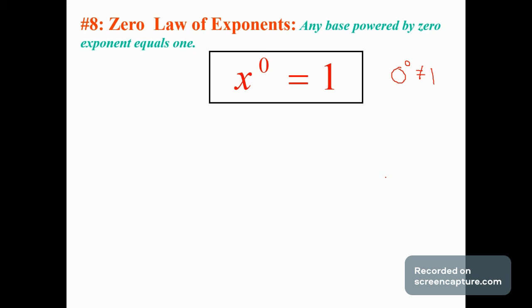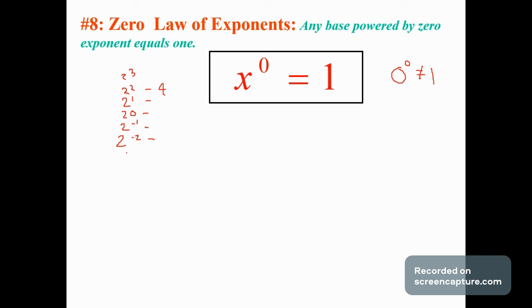If you're going to ask me why it became 1, let's try this. These are exponents. 2 squared is equal to 4, right?